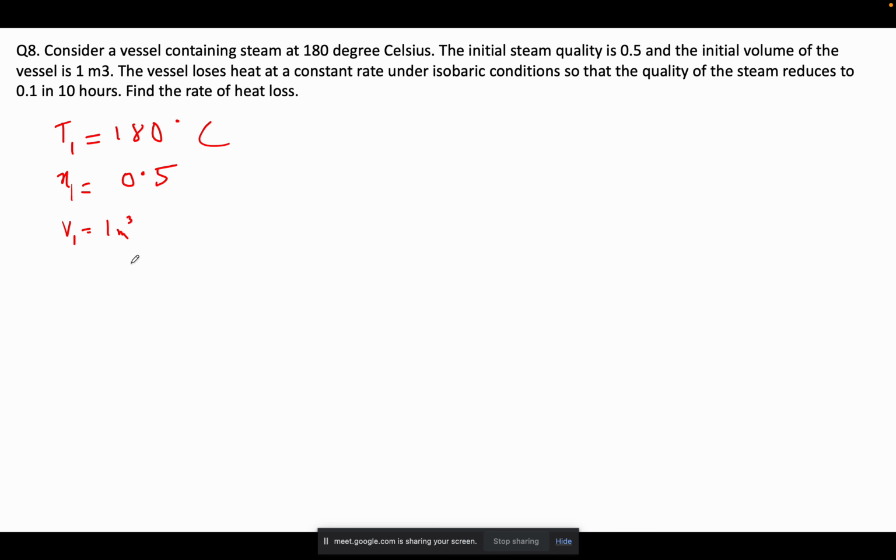Now from here we can calculate h1, that will be hf at 180 degrees Celsius plus x1 times hfg at 180 degrees Celsius. If you go to the steam table and do these calculations, you will get your answer as 1770.15 kilojoule per kg.